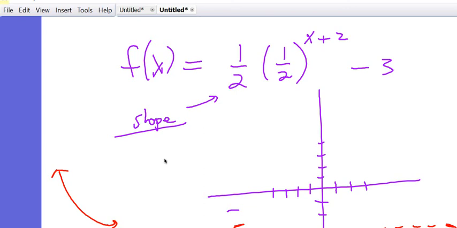We will always have a shift point in a parent function that is 1 unit above the asymptote. So don't actually draw it, but just put your pencil on it. Right there. Now, that shift point is going to be shifted to the left how many units? 2 units. So I'm still not going to draw it.